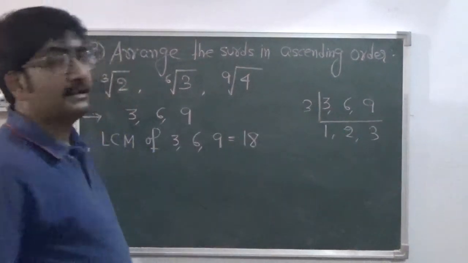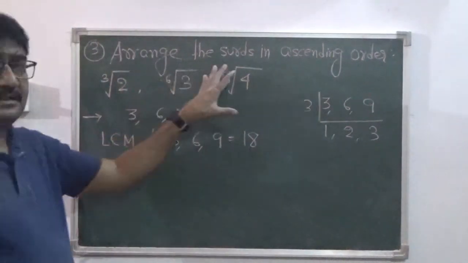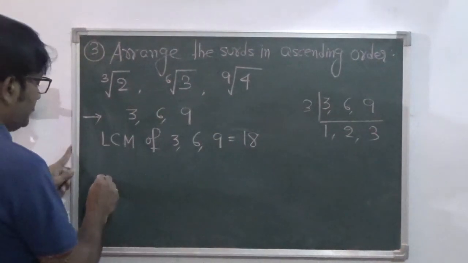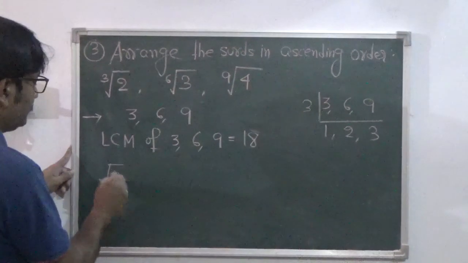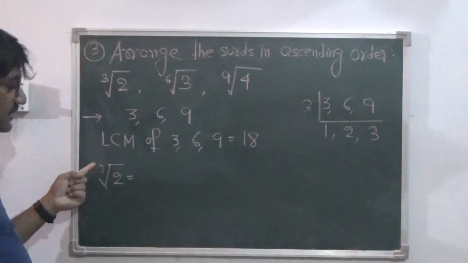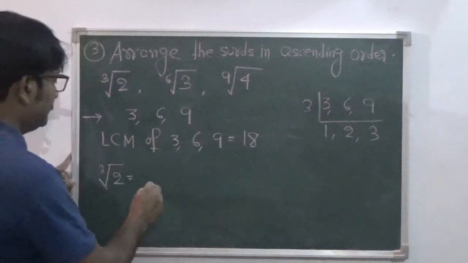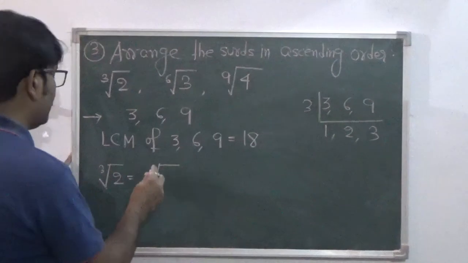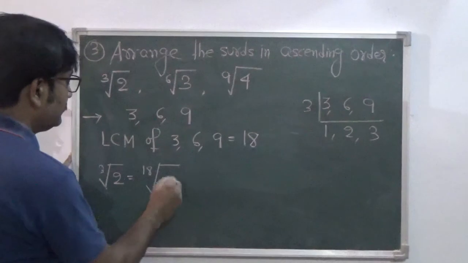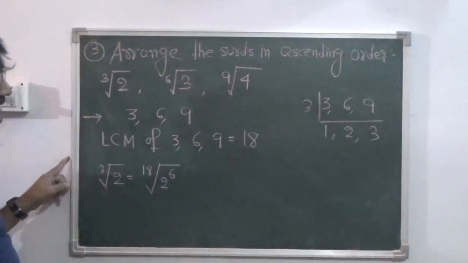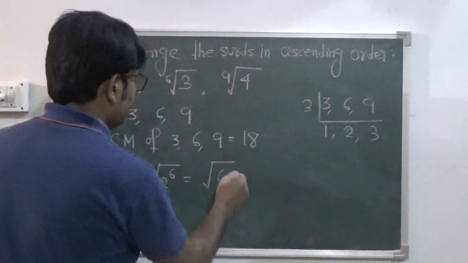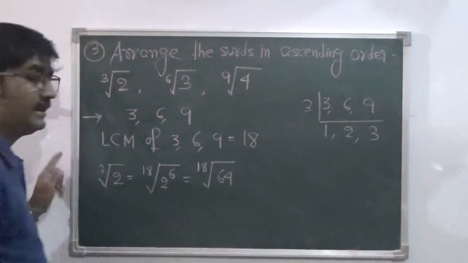So we will make the order of each of the surds equal to 18. For cube root of 2, the order is 3 and this is 18, so you have to multiply this 3 by 6. 3 into 6 is 18, so we write 2 power 6. So this is 64 with order 18, right?